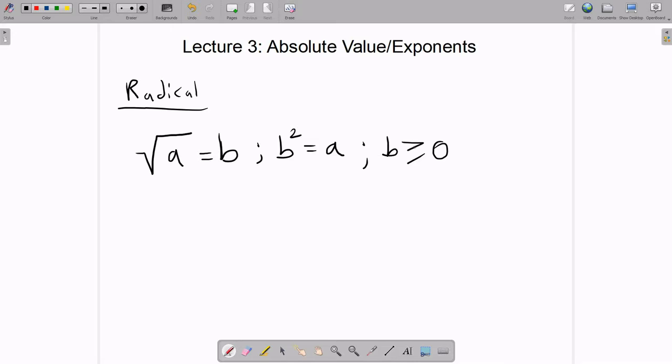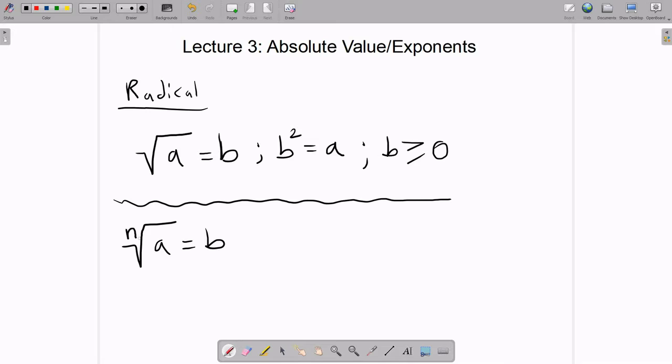So the more general definition of a radical is you have the same radical symbol with some number a equal to b, except over here, in this little lip, you have n, where n is a rational number. And it's equal to b raised to the power of n is equal to whatever is inside the radical, a.